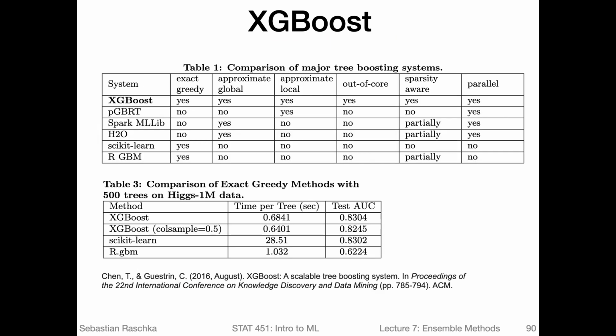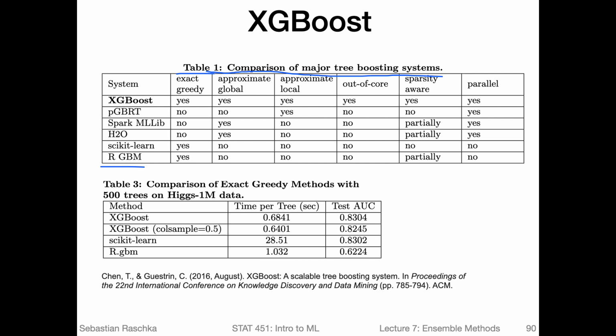Here are 2 tables from the paper that I found quite interesting, table 1 and table 3. Table 1 compares the major boosting implementations in open source software. There are different software libraries implementing gradient boosting, and the XGBoost library also comes with certain improvements. The different columns list the different features of the XGBoost implementation compared to some other implementations.